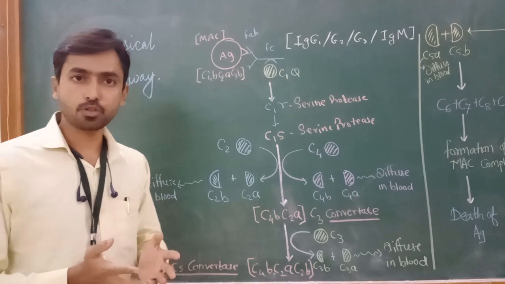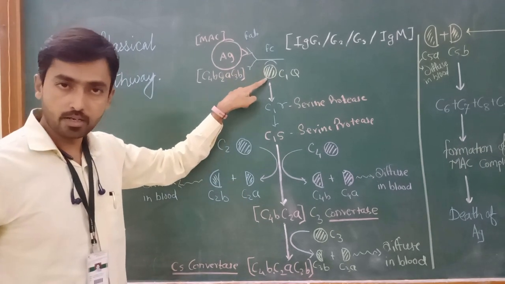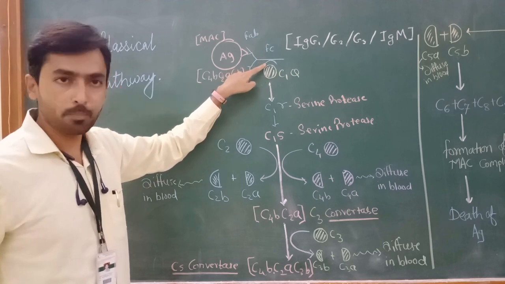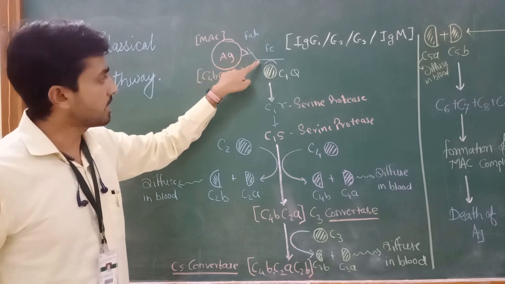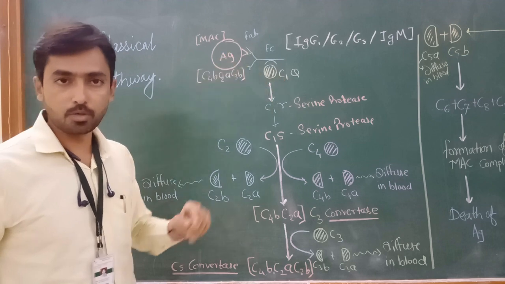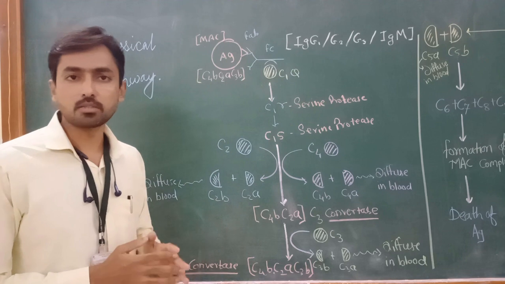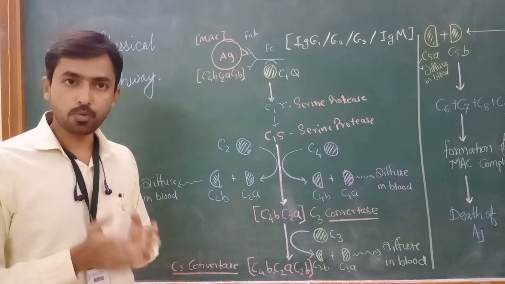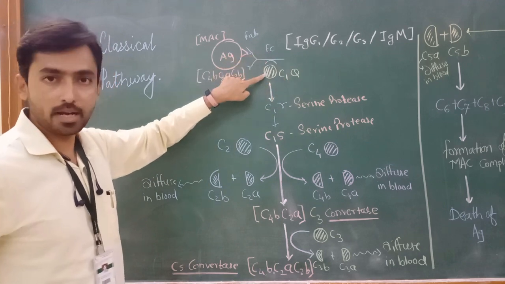The Fc portion has a special type of receptor for complement protein, but the receptor gets the proper conformation only when the antibody binds to the antigen. Once the antibody binds to the antigen, C1 protein is ready to bind to the receptor present on the Fc portion of the antibody. Now this C1 protein has three types of subunits, C1q, C1r and C1s, out of which the C1q subunit binds to the Fc portion of the antibody.